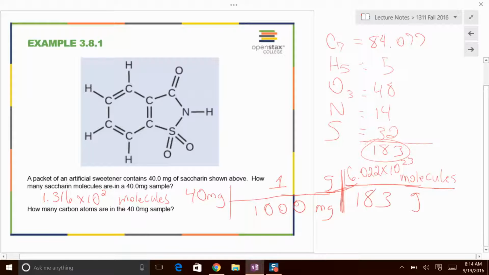I don't think it can be over 23. 20th, right? Okay, 1.316 times 10 to the 20th molecules. And that's how we're going to get there. That's how many molecules we have.